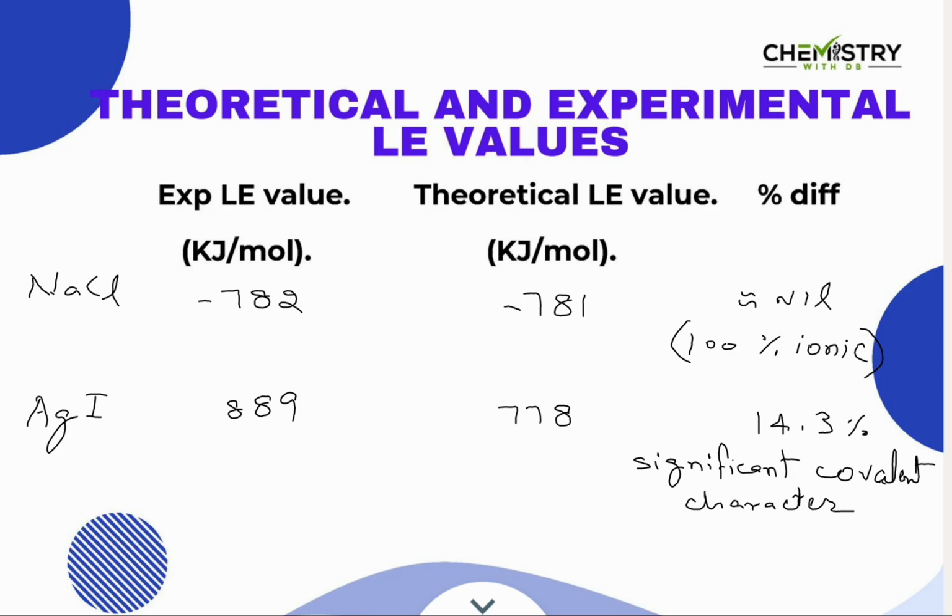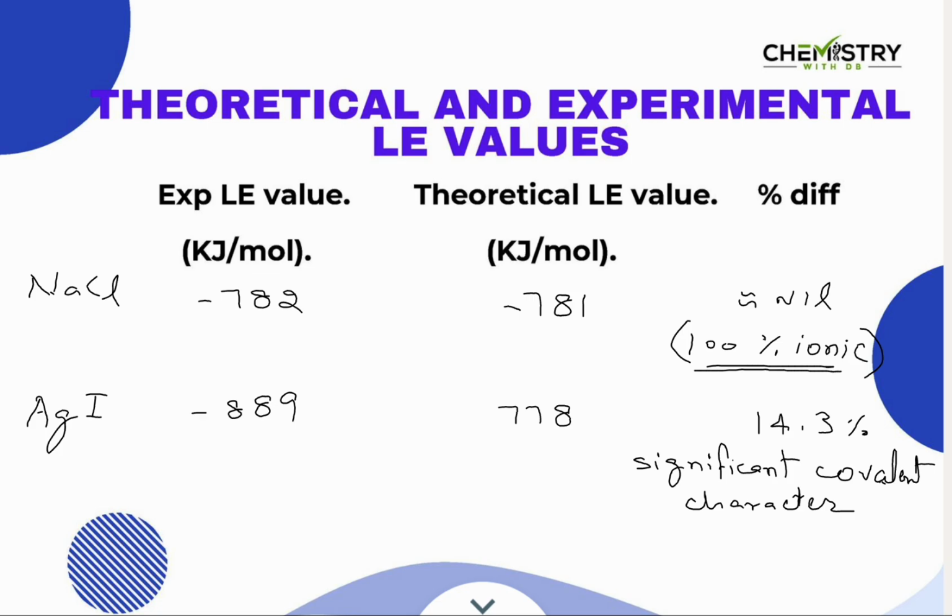Now let's look at the theoretical and experimental lattice enthalpy values for sodium chloride and silver iodide. Sodium chloride experimental value is minus 782 and theoretical value is minus 781, which shows that there is hardly any difference, which indicates that there is a 100% ionic bond because there is no polarization occurring.